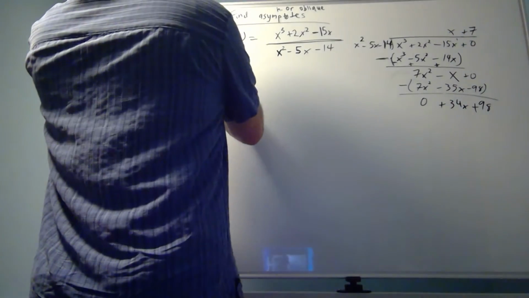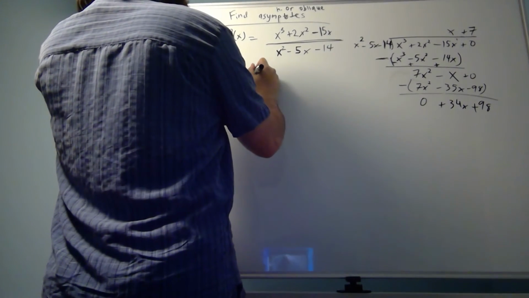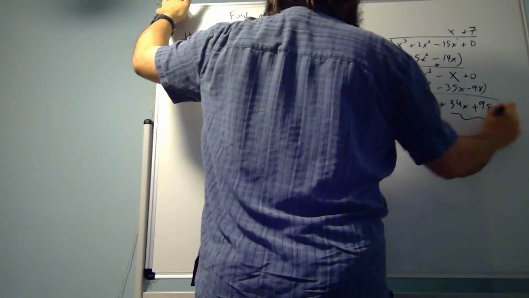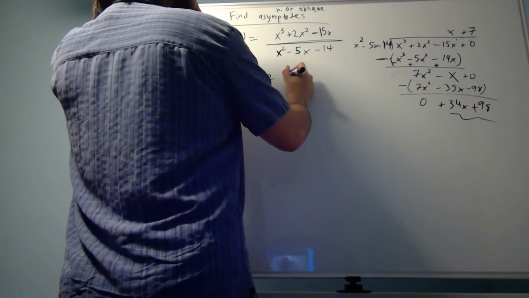Okay, so f of x is x plus 7, and then remainder divided by the denominator.